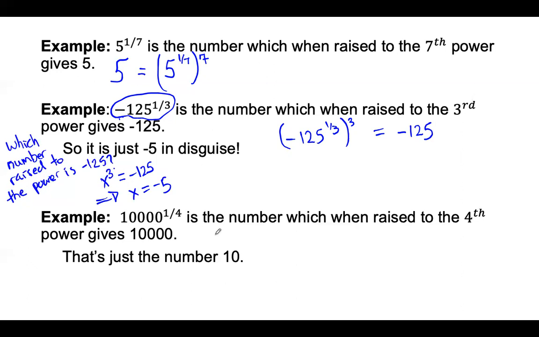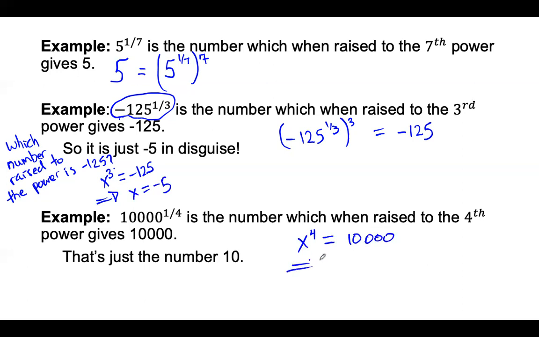And then our last example here, this is 10,000 raised to 1/4. It's a number which when raised to the 4th power gives 10,000. So let's try to solve that. So x to the power 4 is equal to 10,000.